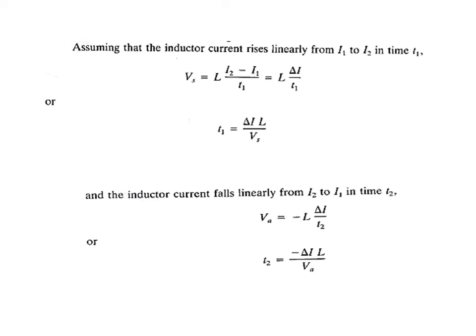Here, in the buck-boost converter, the output voltage has reverse polarity. For that reason, the negative sign is given in the equation. Va = -L ΔI/T2. From this equation, the value of time T2 is equal to -ΔI L/Va.